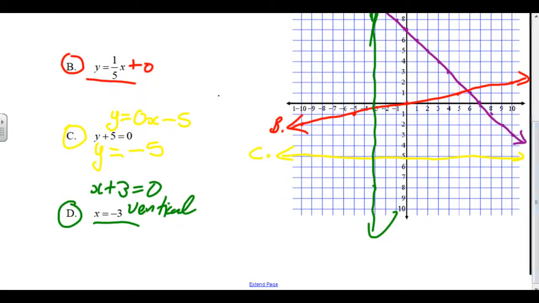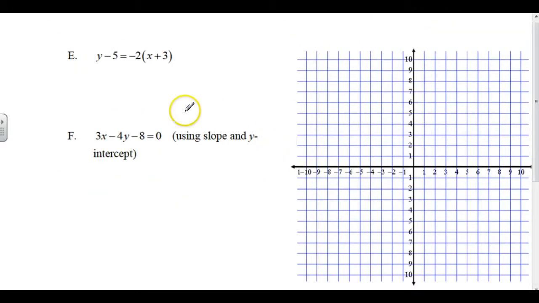Moving down and over. E. Y minus 5 is negative 2 bracket x plus 3. This is in point slope form. So to graph this is not a graphable form, right? Well, yeah, I guess you could pull the point off of there, right? The point would be negative 3, and it's y minus y1, so 5.